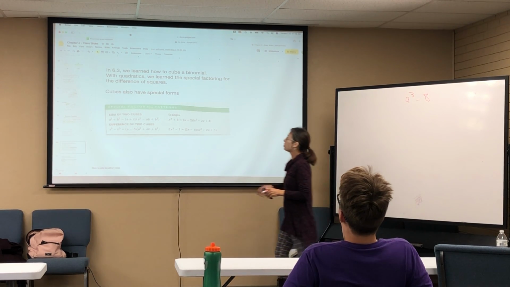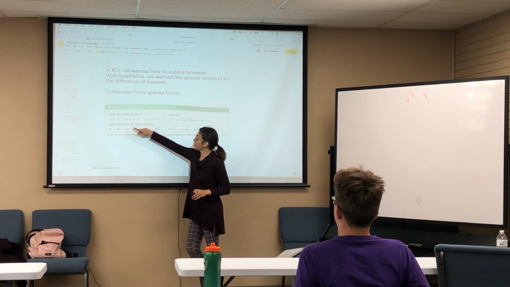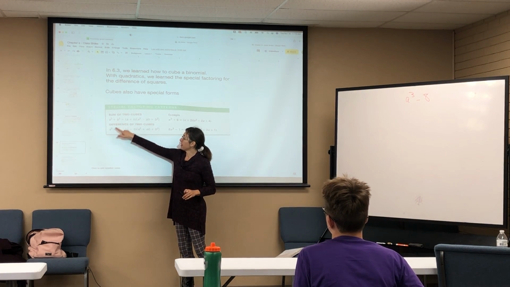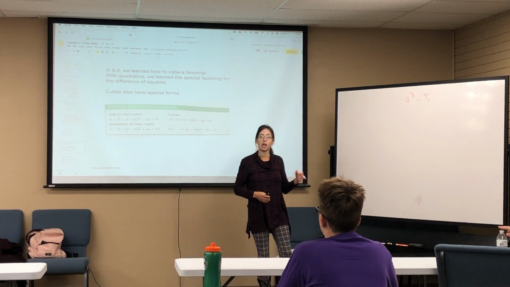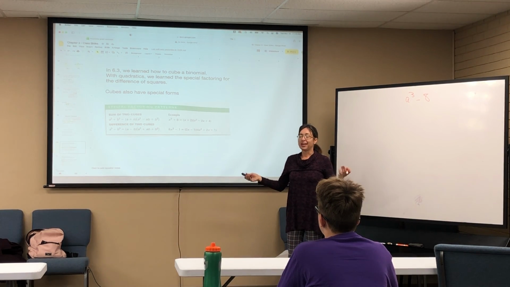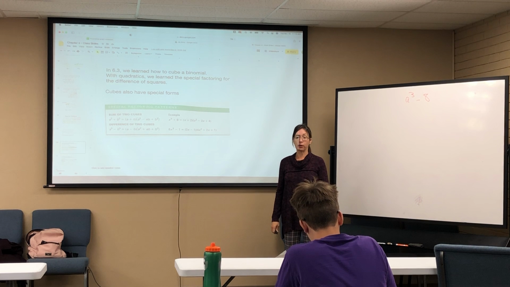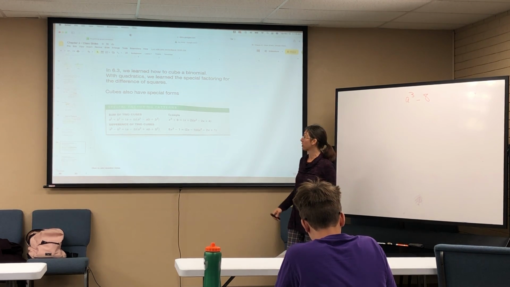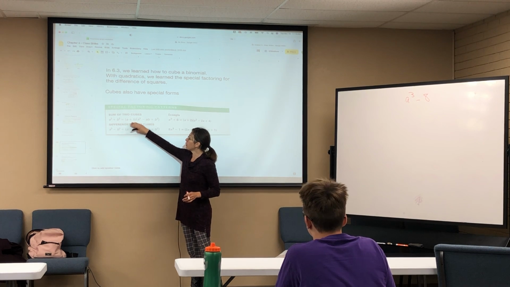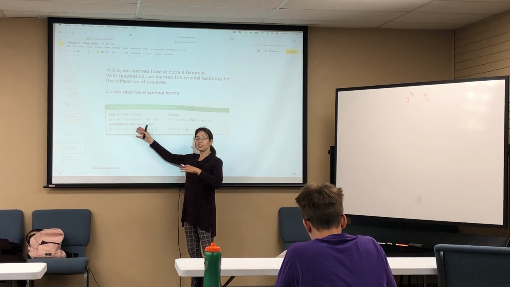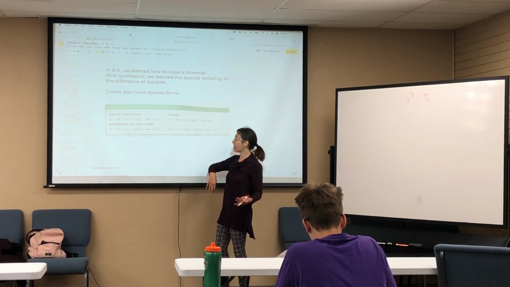Yes. So, there's a sum of cubes and a difference of cubes. So this is the thing that is different. When we had a sum of squares, it didn't factor a certain way. It was only special if it was a difference of squares. For cubes, there's actually a special pattern, it works for both addition and the subtraction of it.